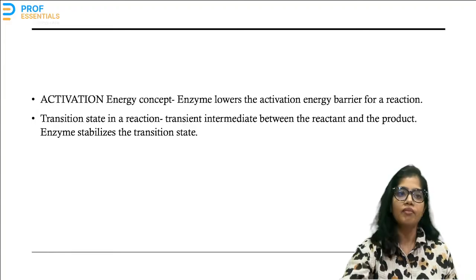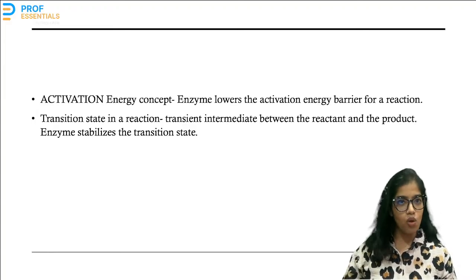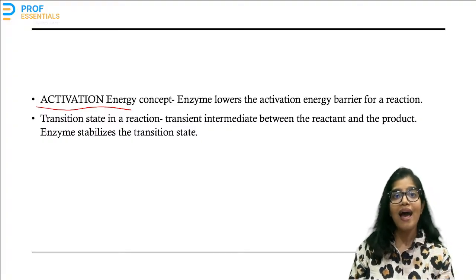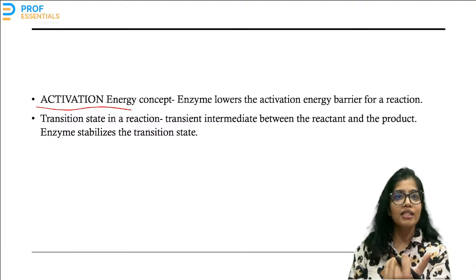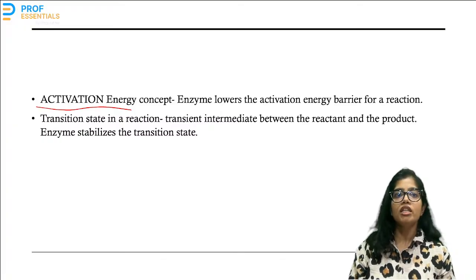Now, we had touched upon the activation energy concept in the last session, had we not? What is activation energy? Activation energy is the energy required to reach the transient state intermediate. What is the transient state intermediate? Suppose there are two substrates.